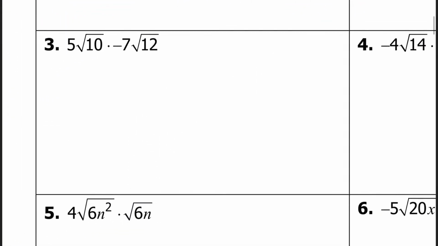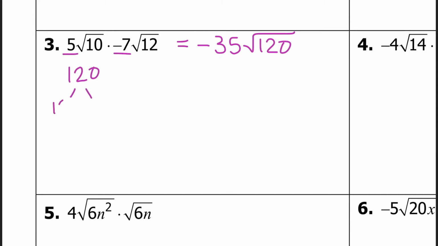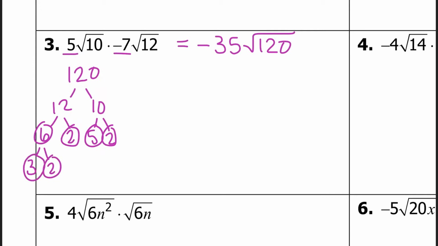For number 3, 5 square root of 10 times negative 7 square root of 12. 5 times negative 7 is negative 35. 10 times 12 is 120. And surely we can break down 120. So let's give that a shot. That would be 12 times 10. 10 breaks down to 5 and 2. 12 breaks down to 6 and 2. 6 breaks down to 3 and 2.